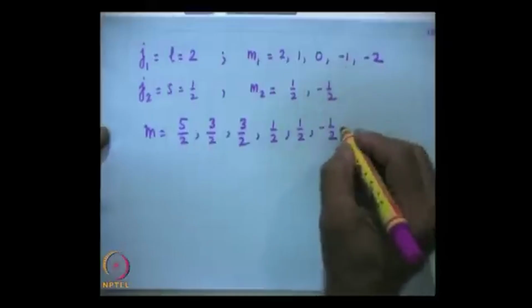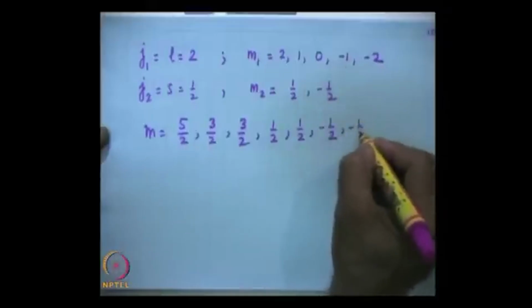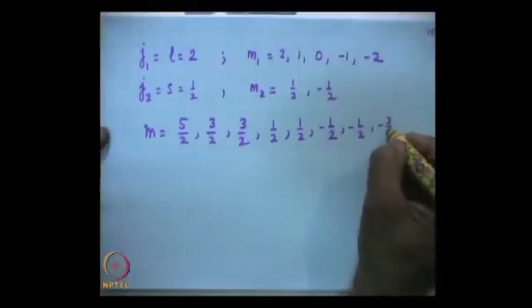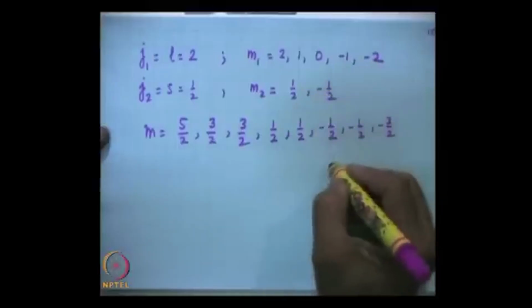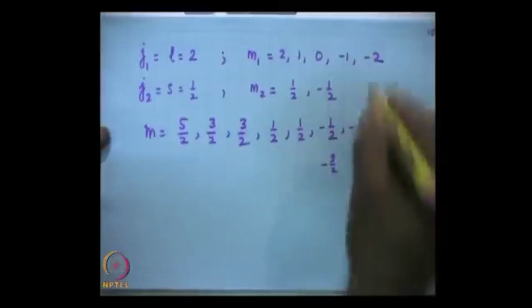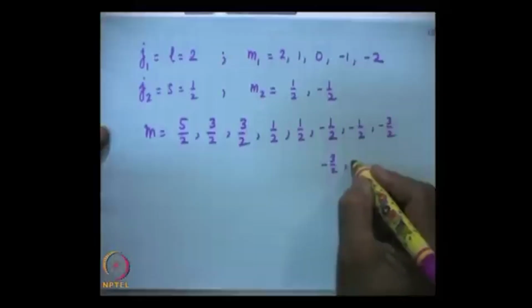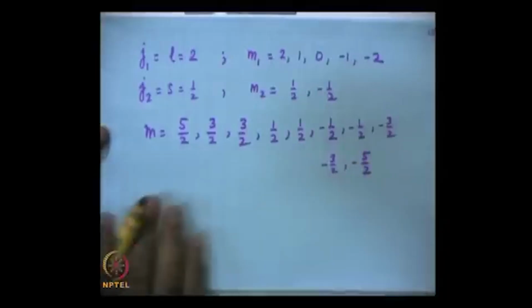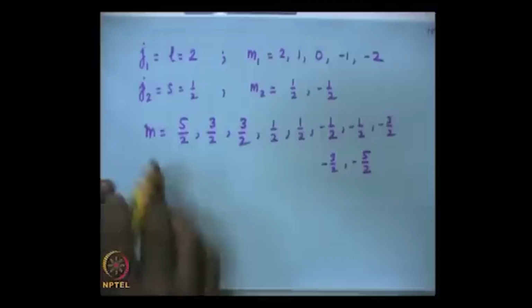Minus 1 plus half is minus half, minus 1 minus half is minus 3 by 2, minus 2 plus half is again minus 3 by 2 and minus 2 minus half is minus 5 by 2. These are all possible values of m.